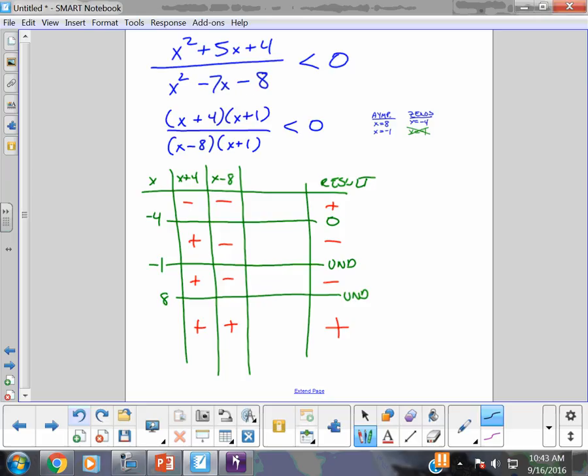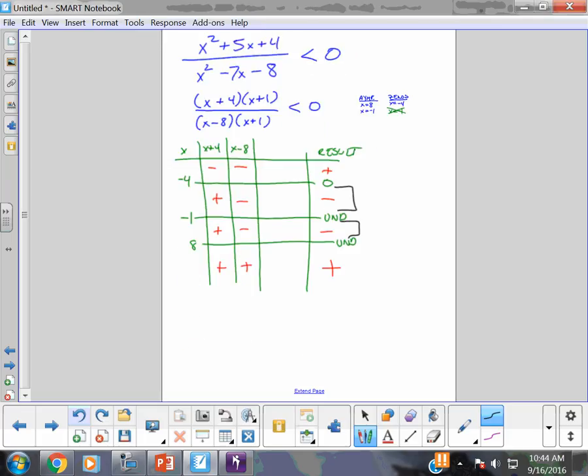I want my hunk of junk to be less than 0, which means I want my result to be negative. Everybody agree? My result has to be negative. So I look. I have a result negative here, not equal to 0. Not equal to 0. And I have a result negative here. Couple ways to write this. I'll write it both ways. One way to write it is just to write out the intervals.